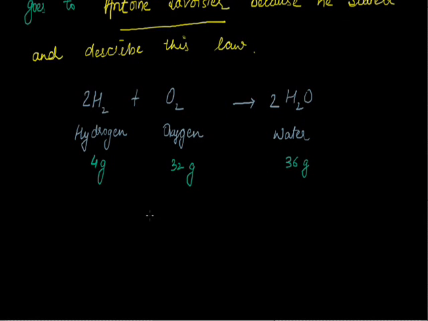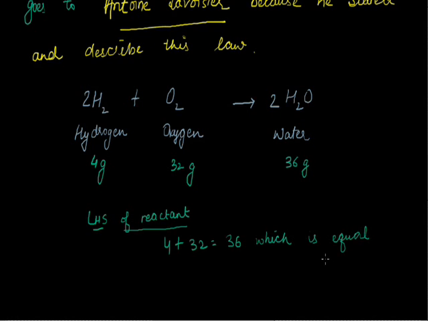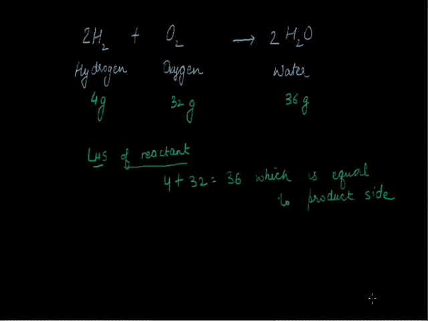Now look at the left hand side. 4 plus 32 is equal to 36, which is equal to product side. It means law of conservation of mass suits it.